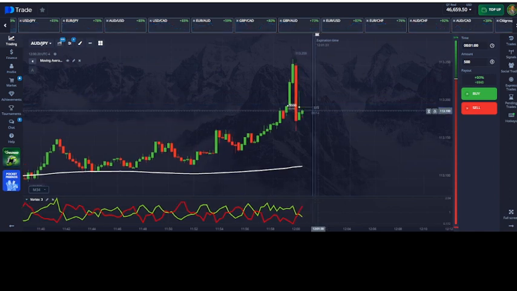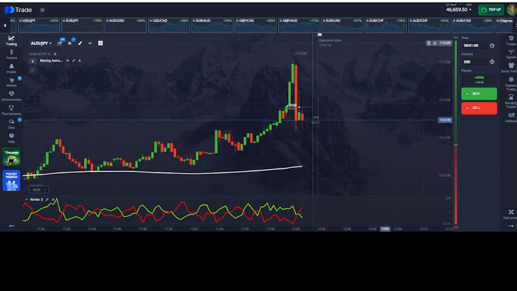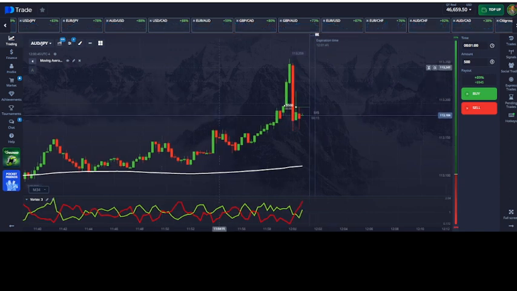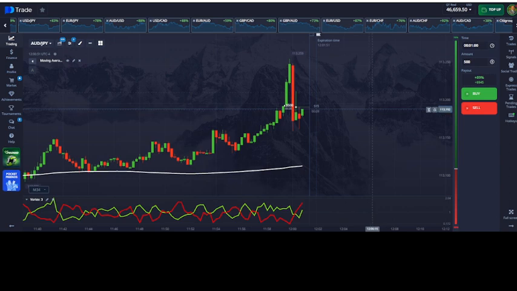Now, in any event, if this trade loses, I'm going to go to martingale and double up on the trade. But first, let's wait for the results of this trade.